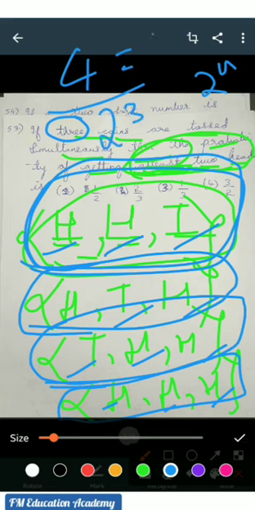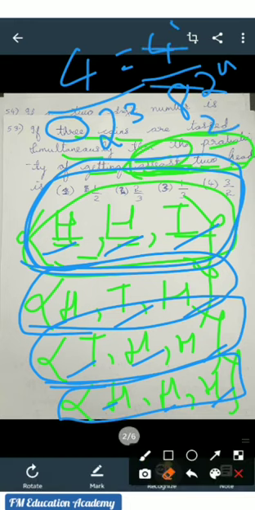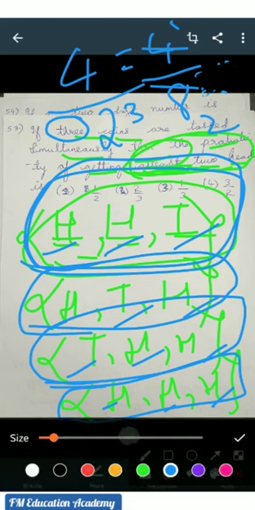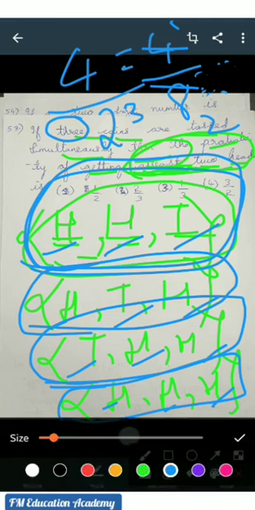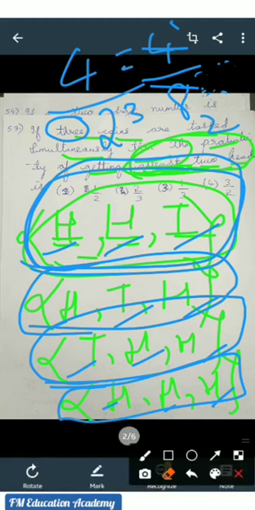So it is equal to 4 by 2 cube, means 8. 4 1s are 4, 4 2s are 8. So 4 by 8 is 1 by 2. So we got the value of probability as 1 by 2.